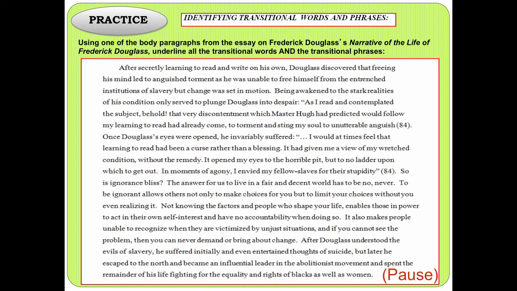And if you cannot see the problem, then you can never demand or bring about change. After Douglass understood the evils of slavery, he suffered initially and even entertained thoughts of suicide. But later he escaped to the North and became an influential leader in the abolitionist movement and spent the remainder of his life fighting for the equality and rights of blacks as well as women.